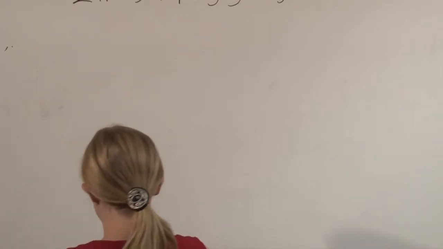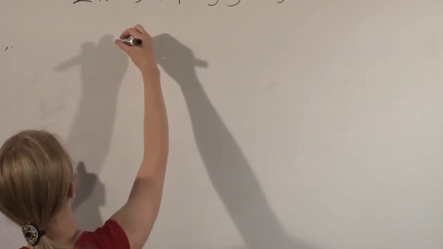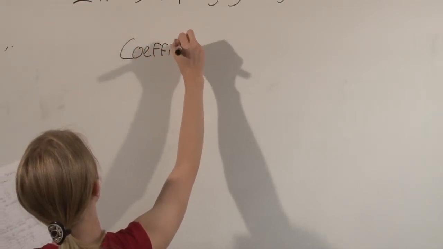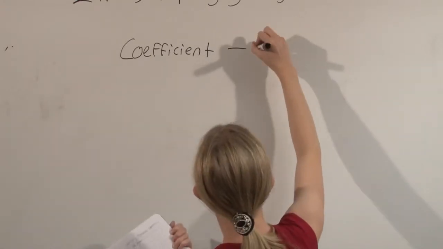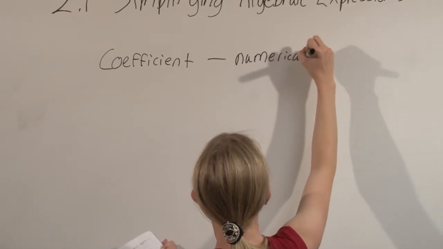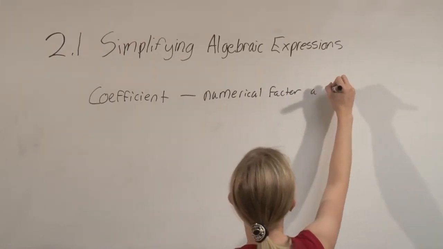But before we can start adding like terms, we need to briefly talk about what a coefficient is. So a coefficient is the numerical factor of a term.